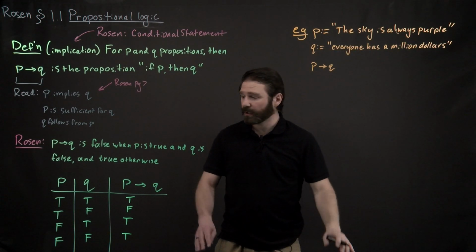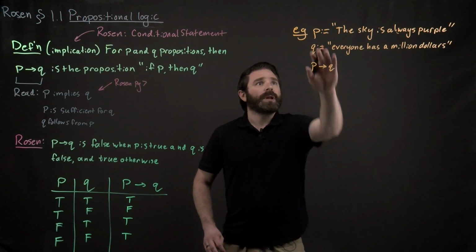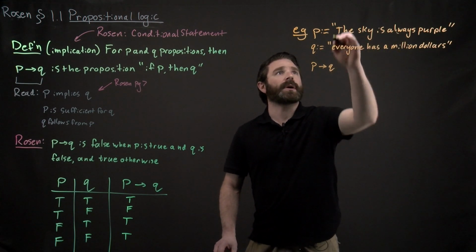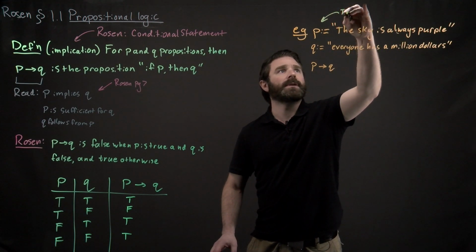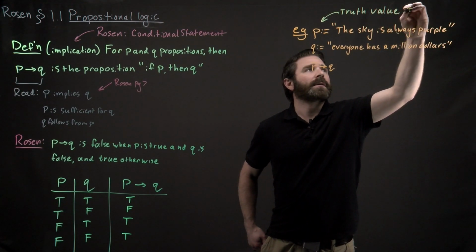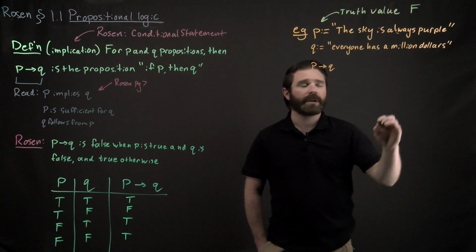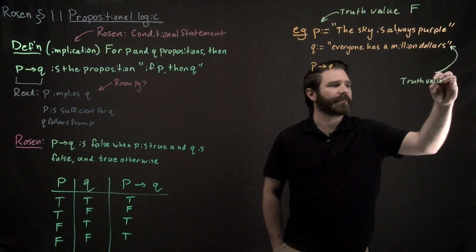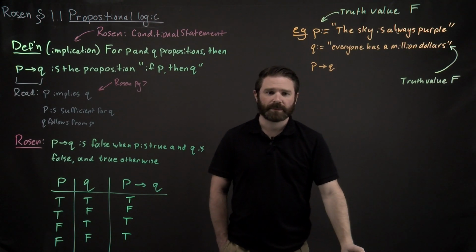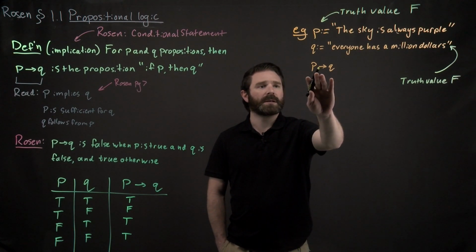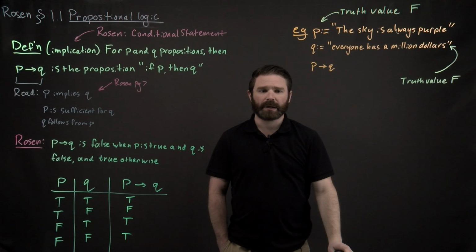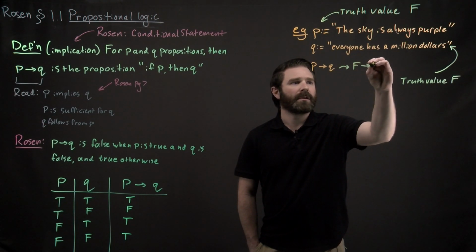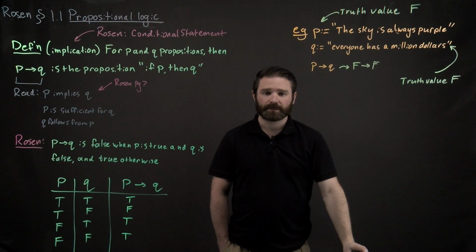And you can if you want to. So for example, we know that this particular proposition has a truth value of false, and we know that the truth value of this one is also false. So this compound proposition is actually the same thing as false implies false.